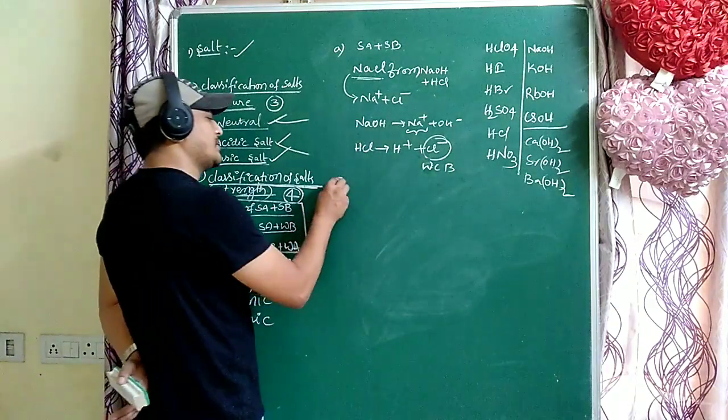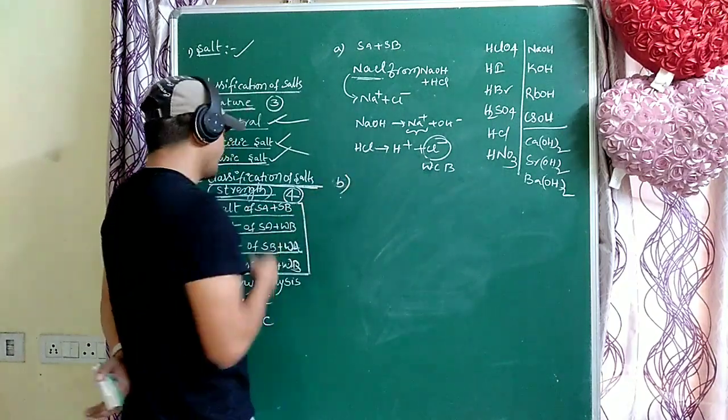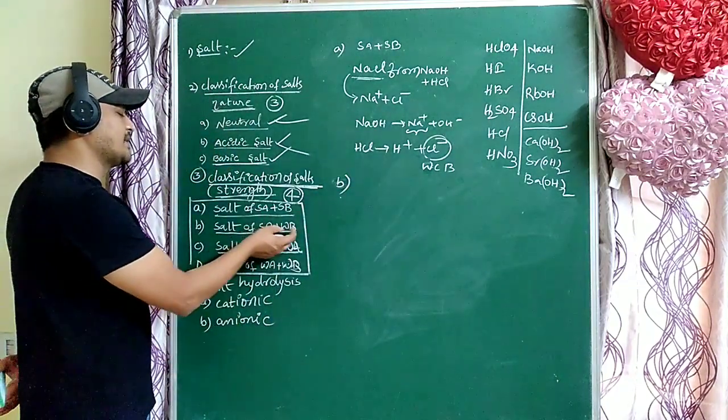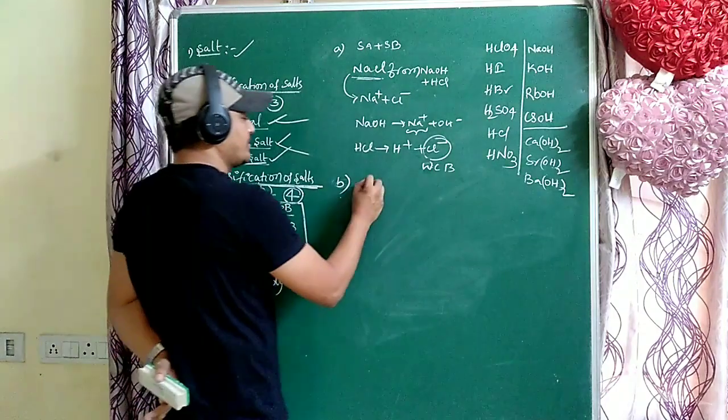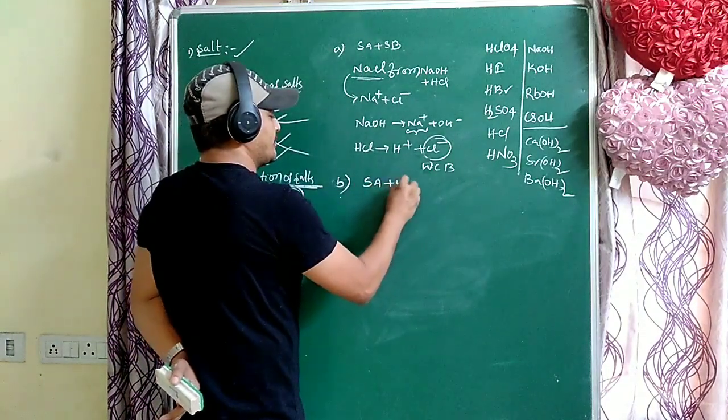Now take the next salt, the salt of strong acid and weak base. For example, the salt prepared from a strong acid and a weak base.